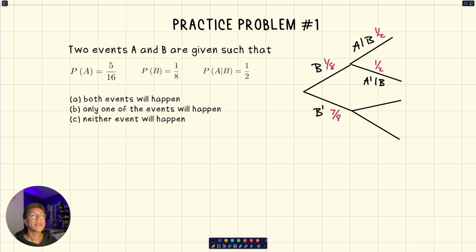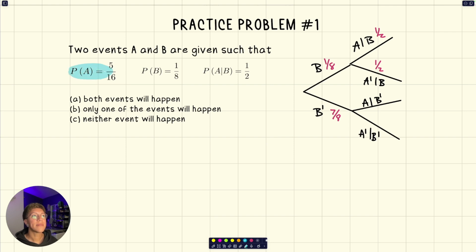And then that leaves us with a branch here, which is A given B not and A not given B not. So we put in all of our numbers. We've used the tree diagram to fill out any other numbers that we can using complement probabilities. And then the last one to consider is our probability of A.